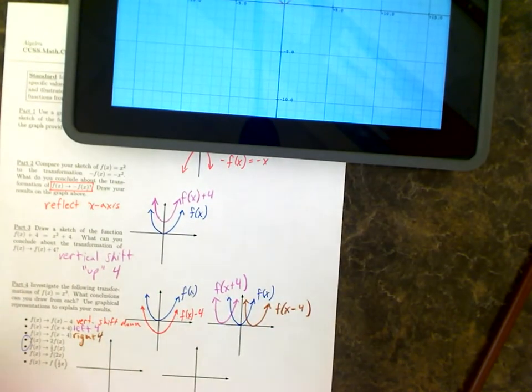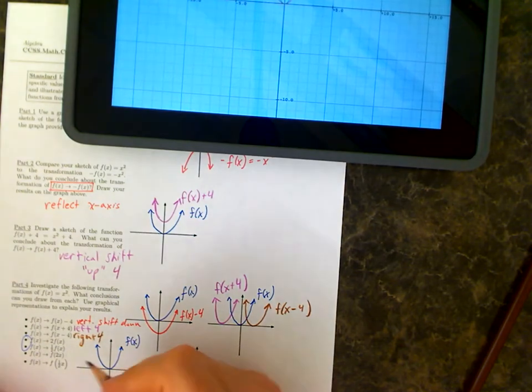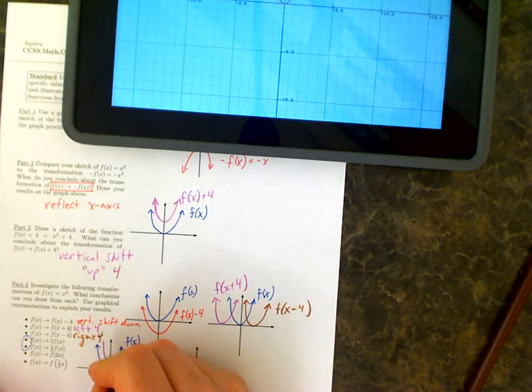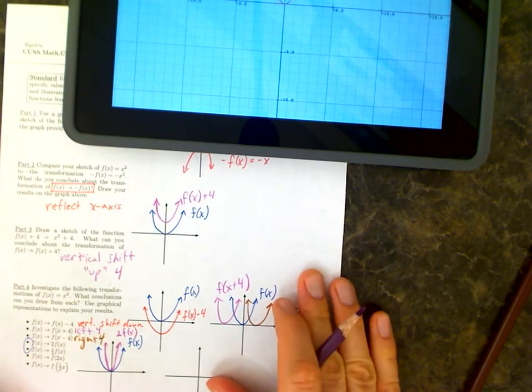So x squared, or f of x, becomes two times f of x. It becomes a vertical stretch.